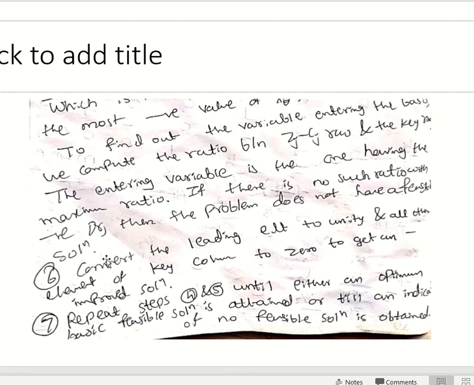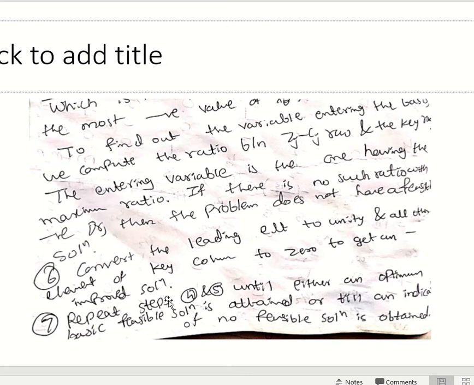Next, the sixth step, convert the leading element to unity. That is, we need to find the pivot element, then convert it into unity by dividing or multiplying by that particular constant. And all other elements of the key column we make 0 with the help of row operations, as we have done in previous cases.